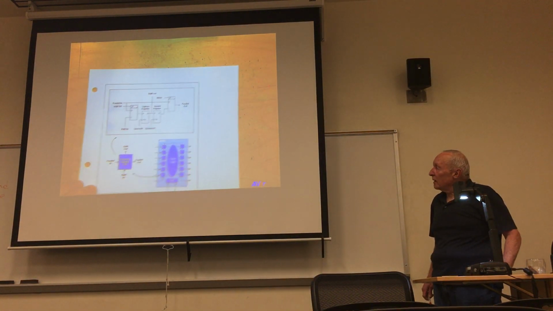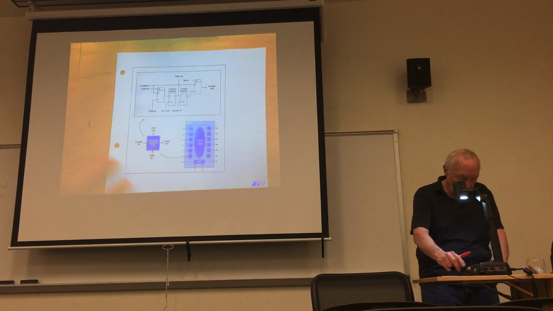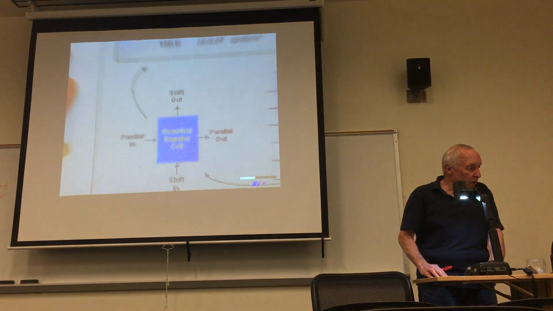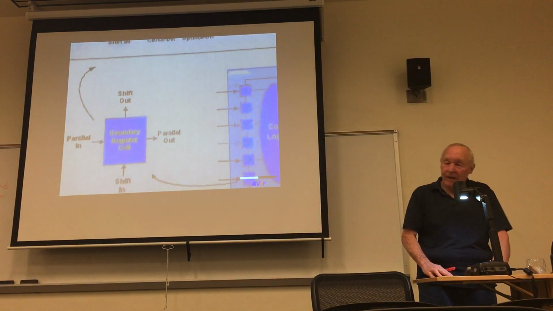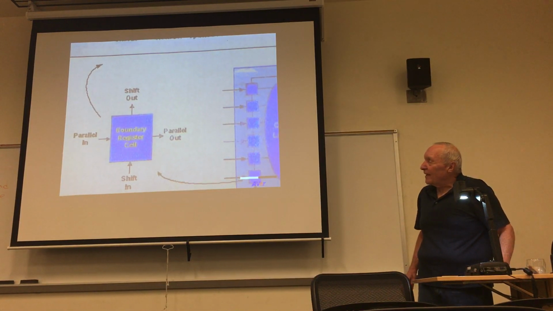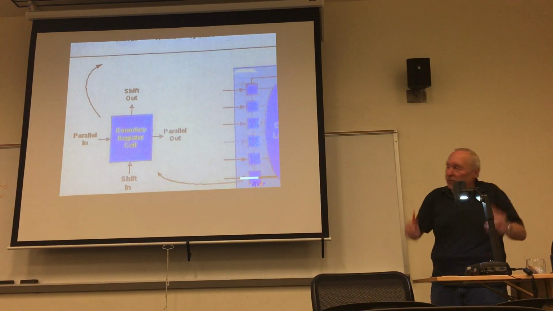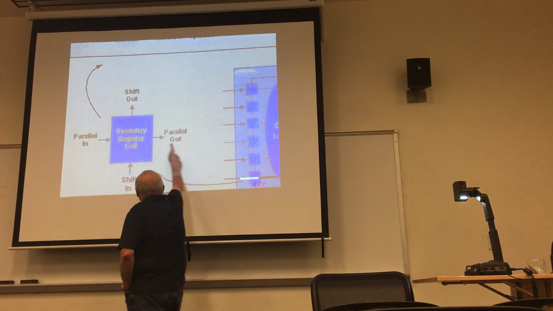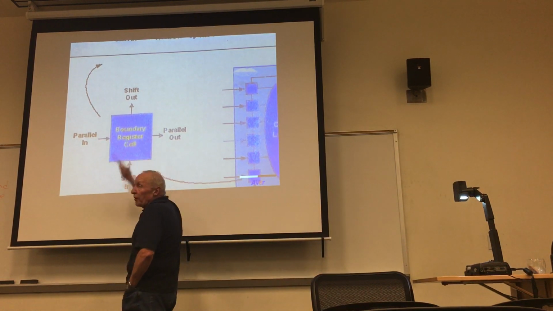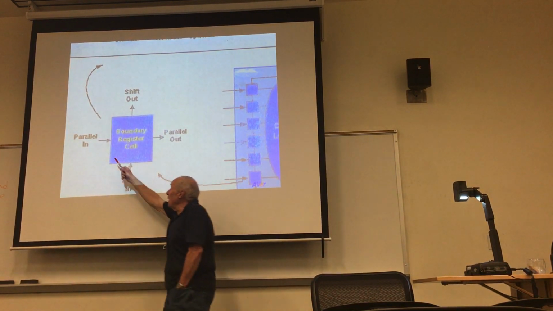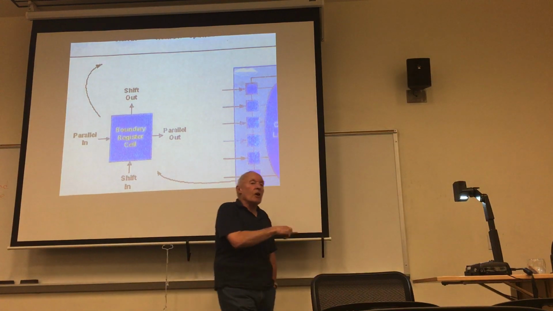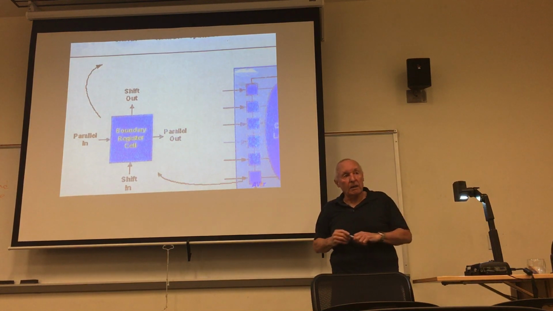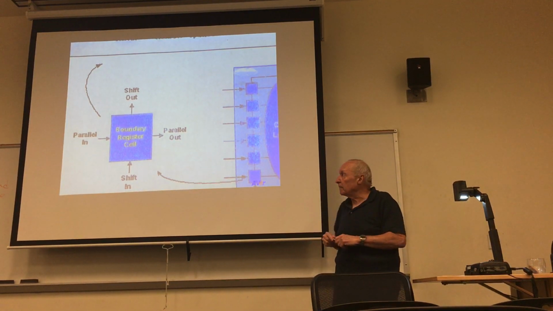And this is what it actually looks like. First, we'll take the broad view here. Your boundary scan register is going to have a parallel in to parallel out, and then serial in, serial out. The parallel in, parallel out is the normal function of the chip. It's from the pin directly into the logic inside the integrated circuit.